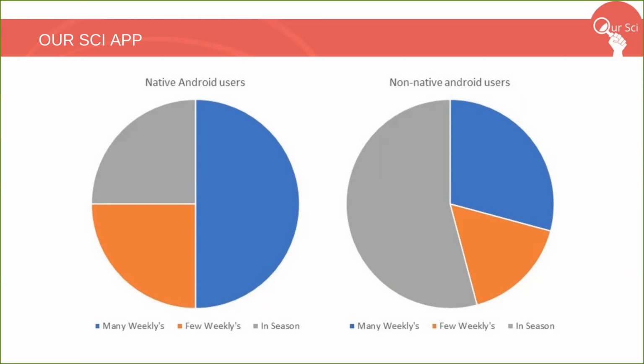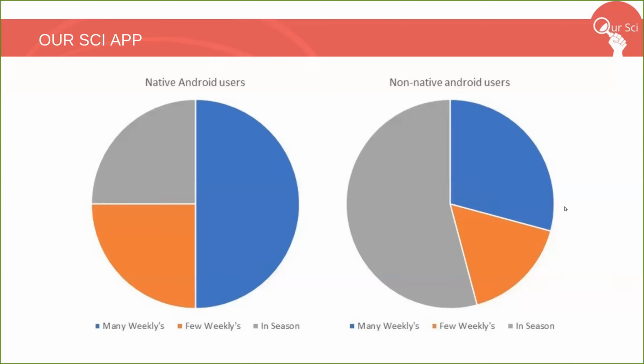These are weekly management surveys, so farmers collecting weekly surveys about management data. And they were supposed to do it every week. The blue is people who filled out many, so more than 3 throughout the year, weekly surveys. Few weeklies means 1 to 3 weekly surveys. And then the gray means they didn't fill out any, and we just had to go back at the end of the season and do the best that we could.